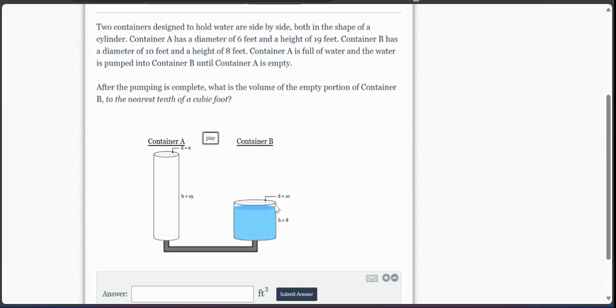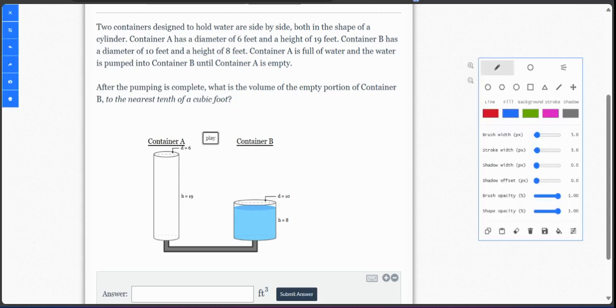So we have to find what the empty portion is. In order to do that, we take the volume of container B and subtract the amount of container A to figure out how much is empty.